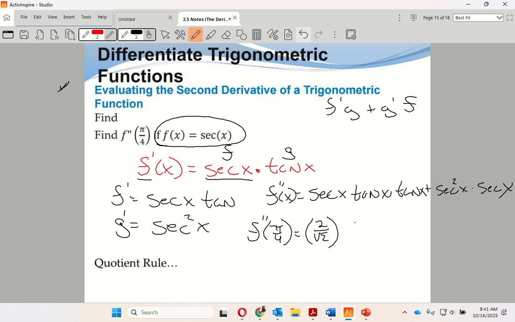I take my secant value, whatever the value I have for cosine, and just flip it over. That's how I get those ones. Now, am I supposed to leave it like that? No. Because why? Very good. Rationalize, that's the word I was looking for. So 2 over rad 2 times 1 times 1 plus secant squared, which is 2 over rad 2 squared, times 2 over rad 2.